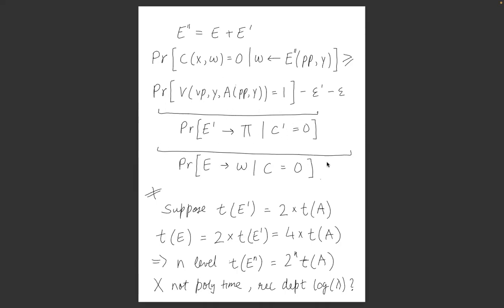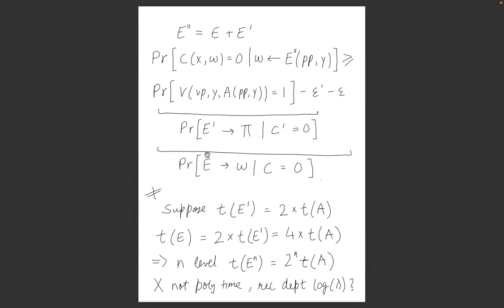And again, if we include the other epsilon, this will just be the probability that the extractor can extract the witness omega. So this is the extractor of the inner proof system. This is greater than the probability of the malicious prover trying to convince the verifier.